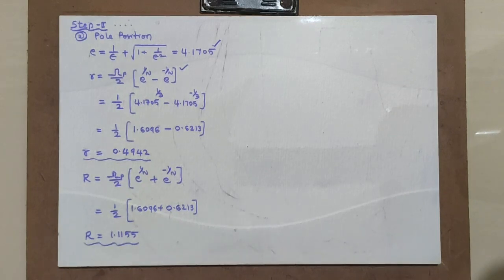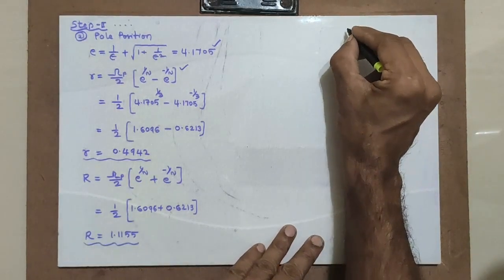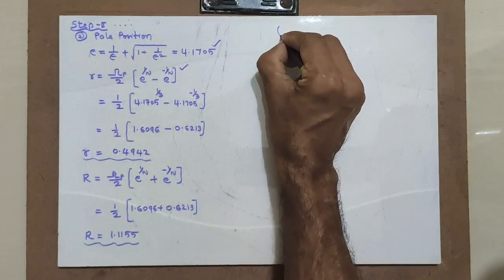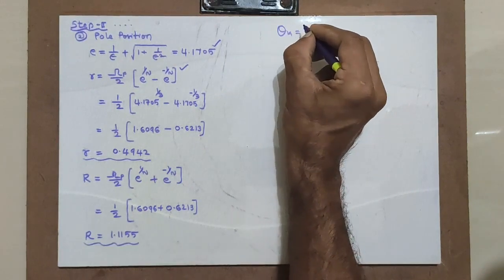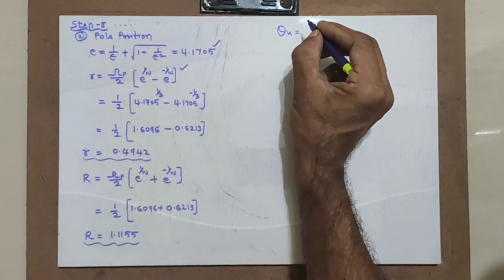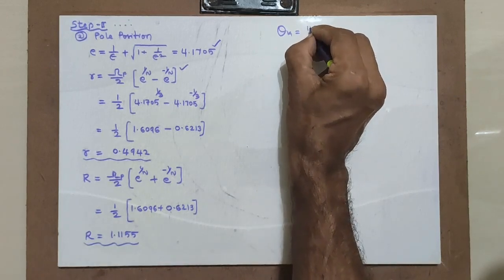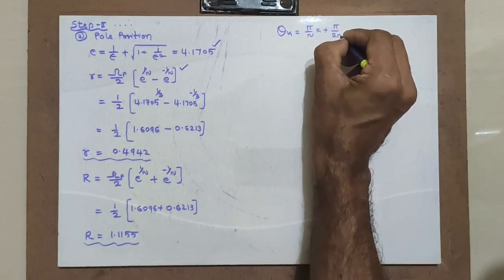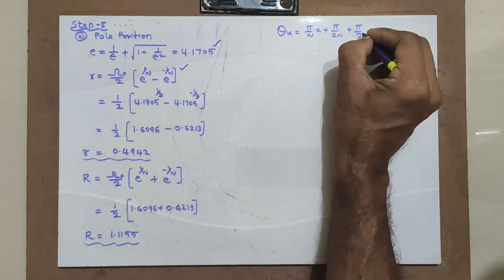If I plot this, obviously the pole position will be something like this. Before that I shall find theta also. You know that theta k is equal to pi by n into k plus pi by 2n plus pi by 2, isn't it?